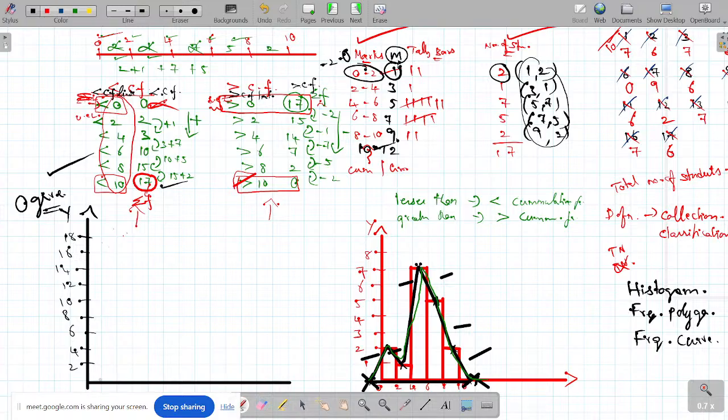Your values, I have everything in 2, 4, 6, 8, 10. So let me have 2, 4, 6. No, I want to take 1, 2, 3 as usual. I'll explain you why. 1, 2, 3, 4, 5, 6, 7, 8, 9, 10.